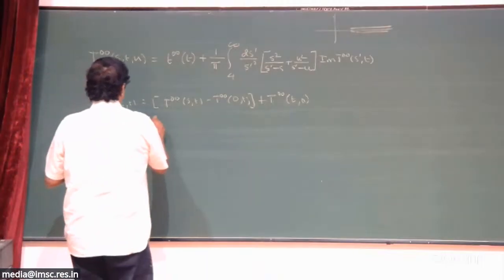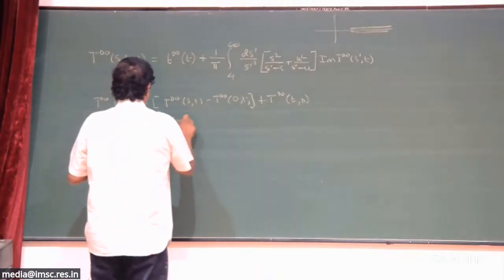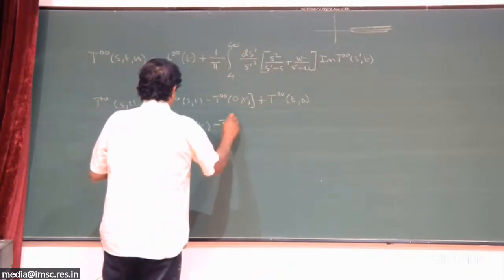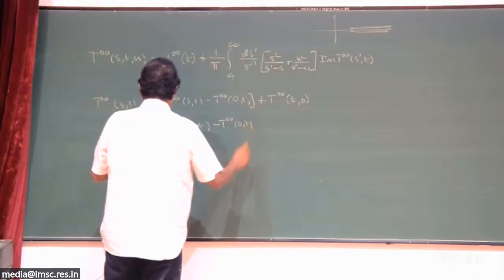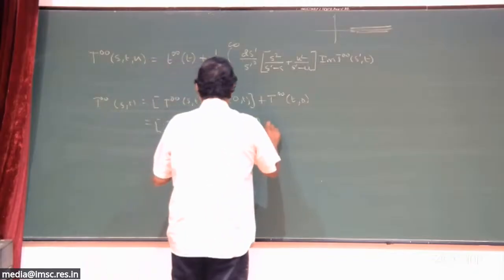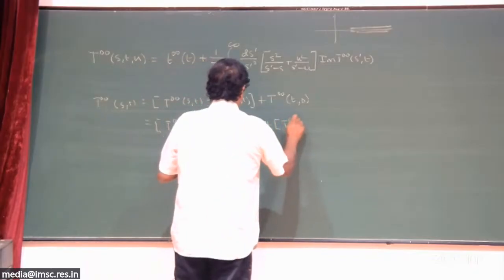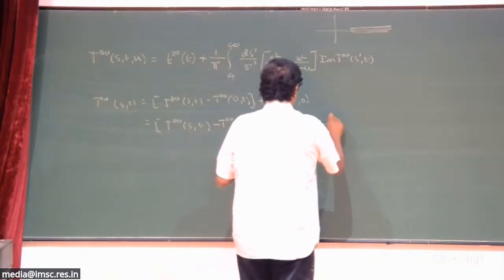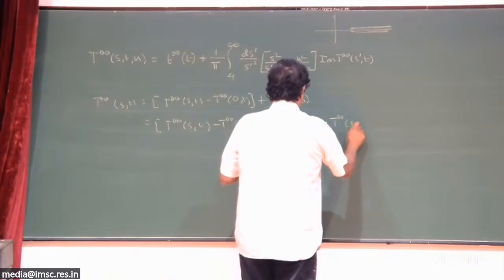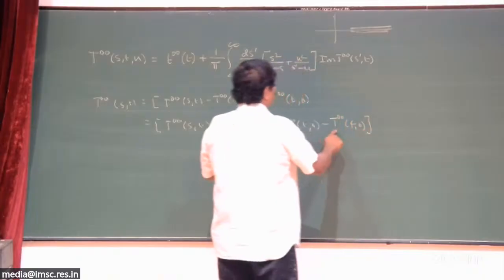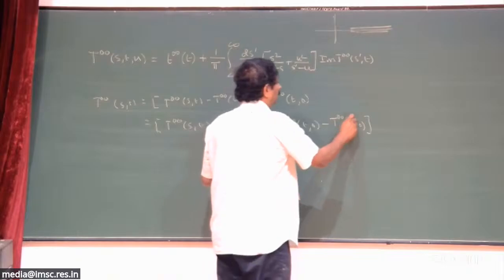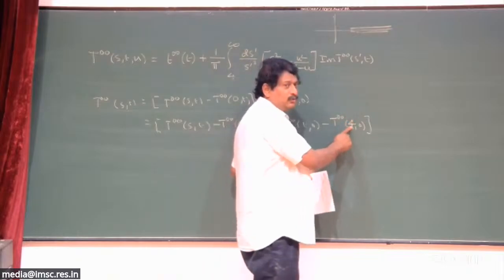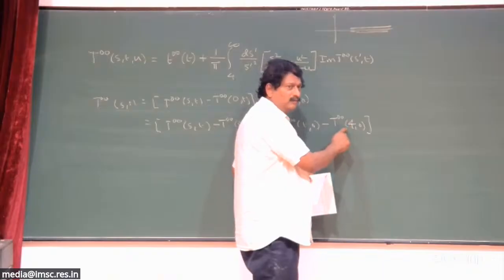Let me do this one more time. T00 of S,t minus T00 of 0,t plus T00 of t,0, which is what I have over here, minus T00 of 4,0. What does this mean? T00 at 4,0? That means that this is evaluated at threshold, S equals 4m squared.